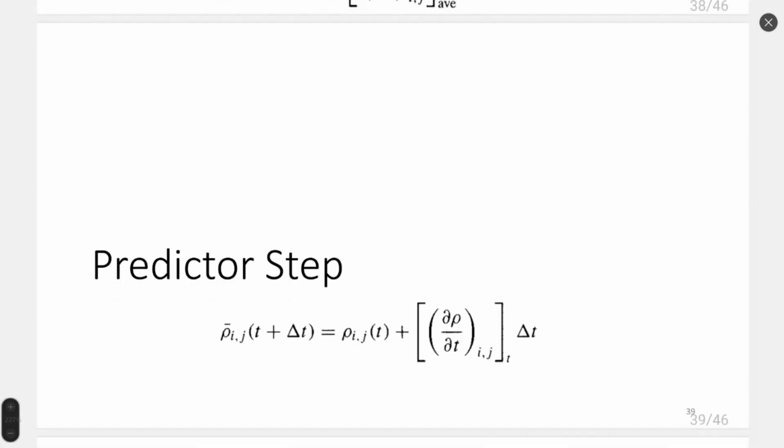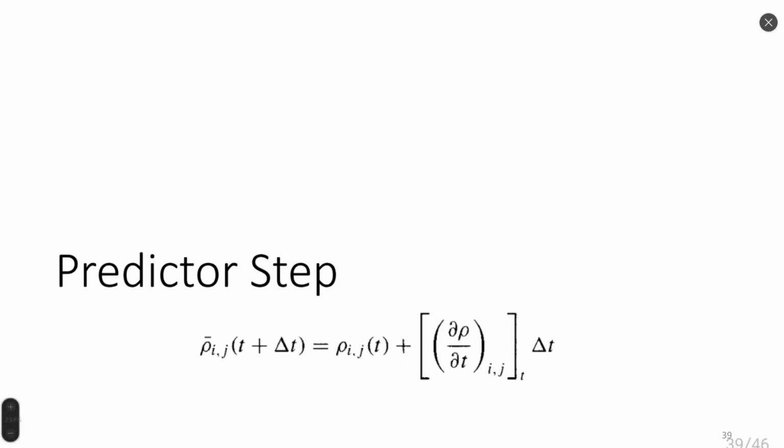There are also methods to calculate based on a predictor-corrector step. In the predictor step, you can see how, for example, density is obtained. Density on the new time layer would be equal to density on the old time layer plus the derivative by time multiplied by the time step.